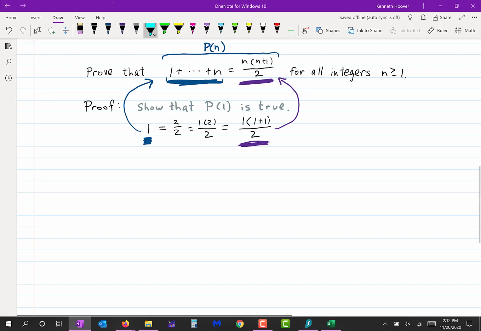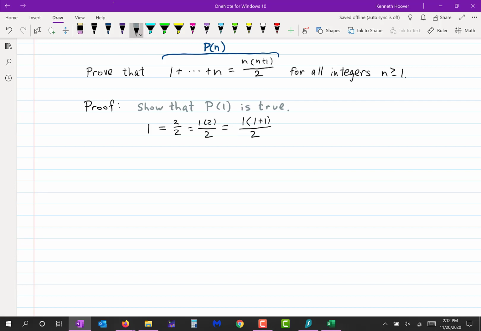And then you just fill in whatever you need to in the center to get from here to here. Very little work to do at all, but you do need to make sure that it's written the way it's supposed to be written to match what is written up above. All right, so that's step 1.